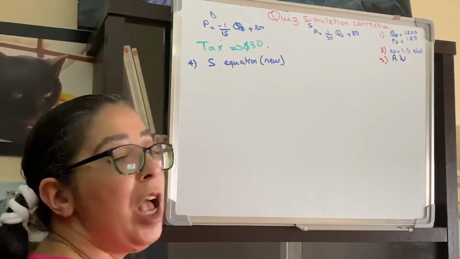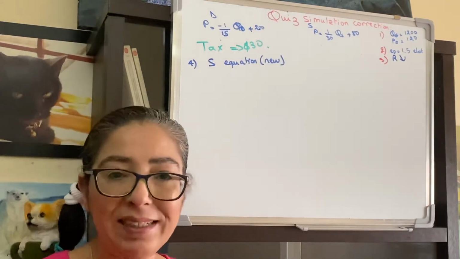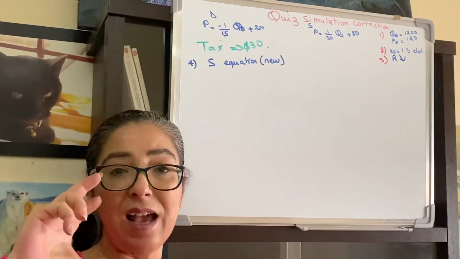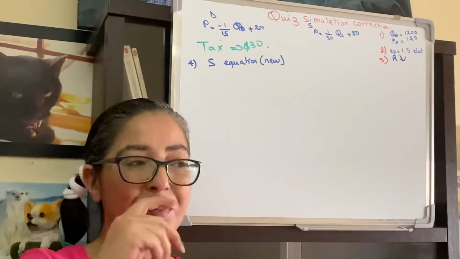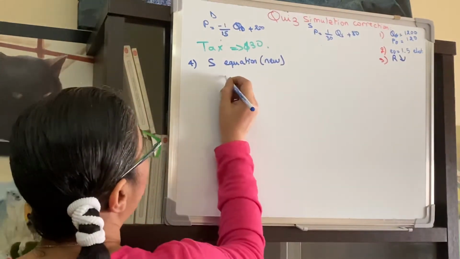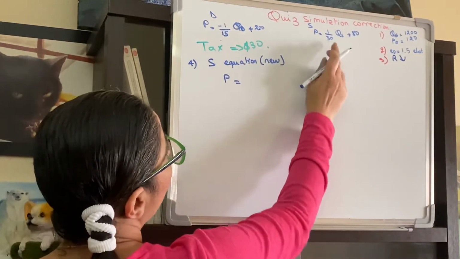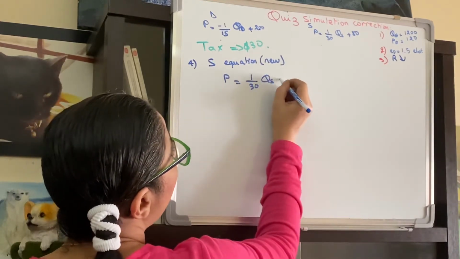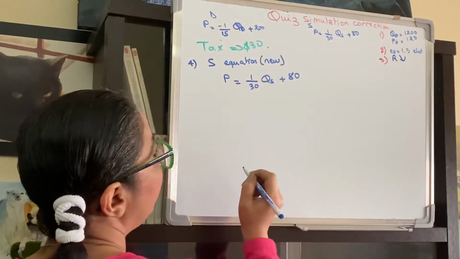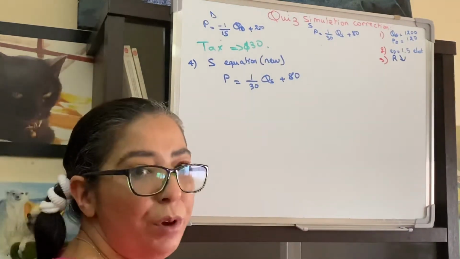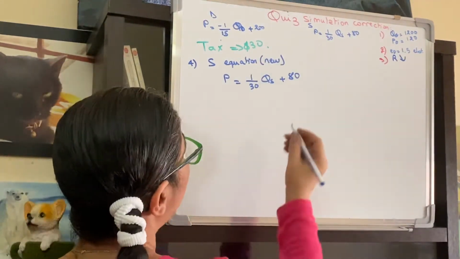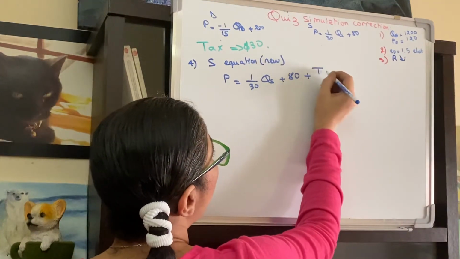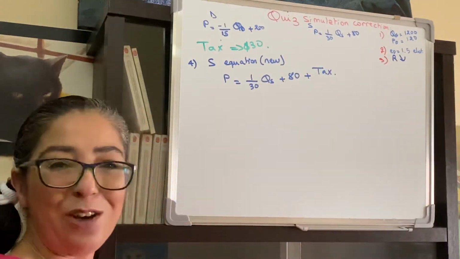Remember, when we add the tax, we simply add the tax to the price. So what is the price? The price is equal to 1 over 30 QS plus 80. Now, if you add to it the tax, 30, that would be your new supply equation.